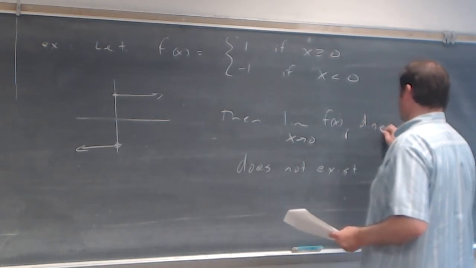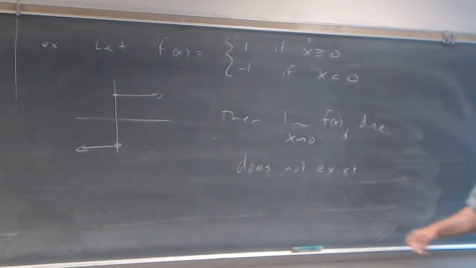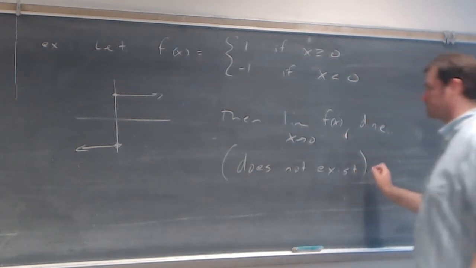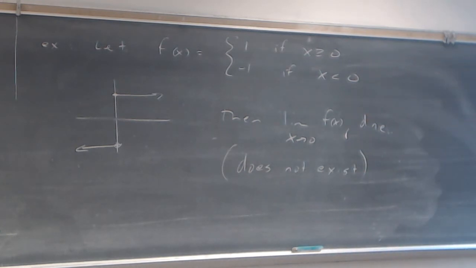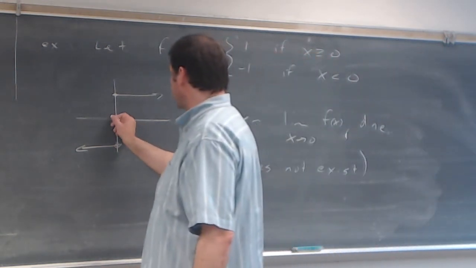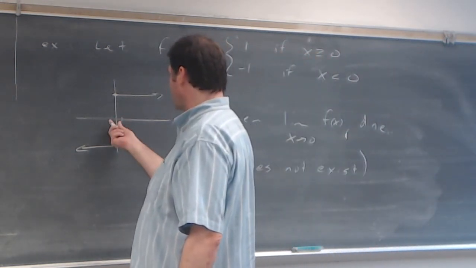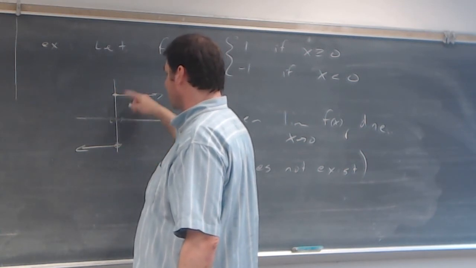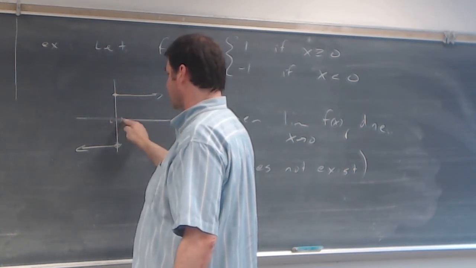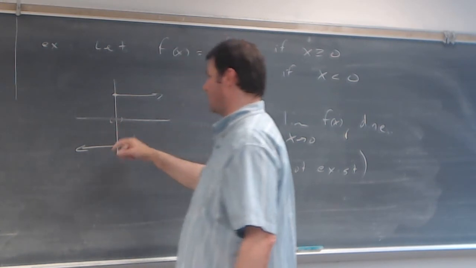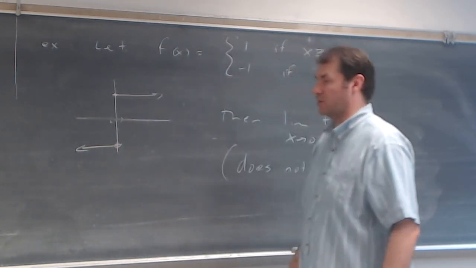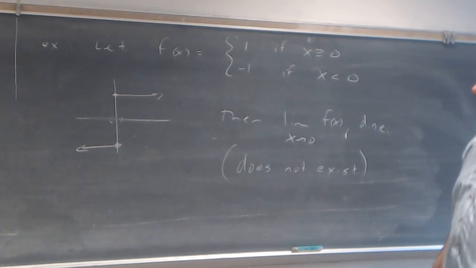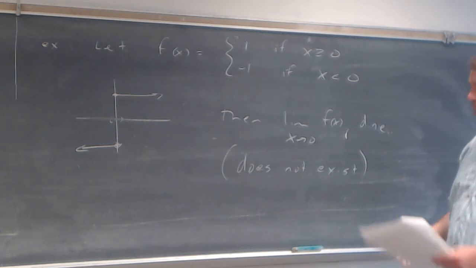That's also DNE up here, my abbreviation. That means does not exist. And what's happening is that you can see that no matter what little region I put about 0, not including 0, the y values are going to be very far apart for certain input values within that region, no matter what little region I put here. So they aren't going to be close to one particular value.